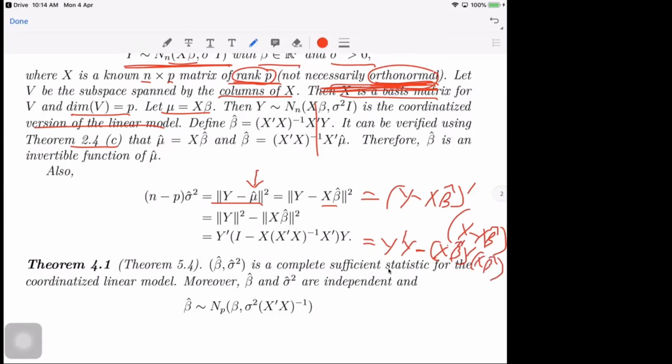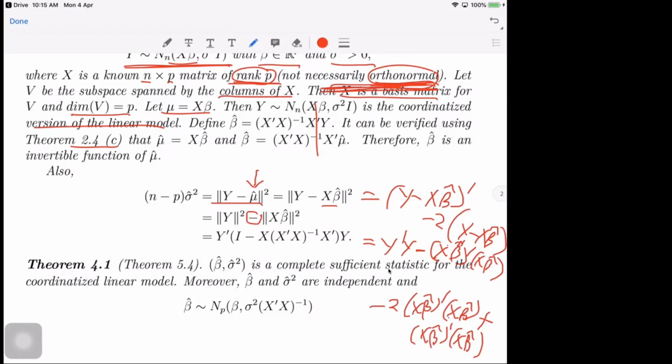So the middle term here, again, the twice something, will be minus 2 something, but the minus 2 something is actually X beta hat prime and X beta hat, then plus X beta hat times X prime X beta hat. Okay?